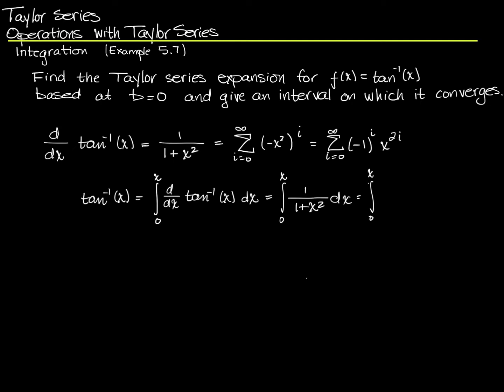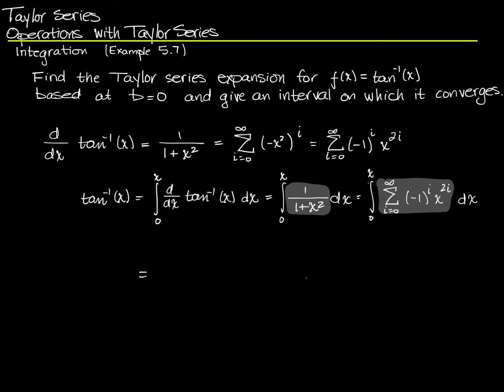So I'll write this as the integral of the summation as i goes from 0 to infinity of negative 1 to the power of i times x to the power of 2i, and then dx. So what I've done here is rewritten this expression as its summation. And I still have the bookends of an integral symbol and a dx, either side of that.